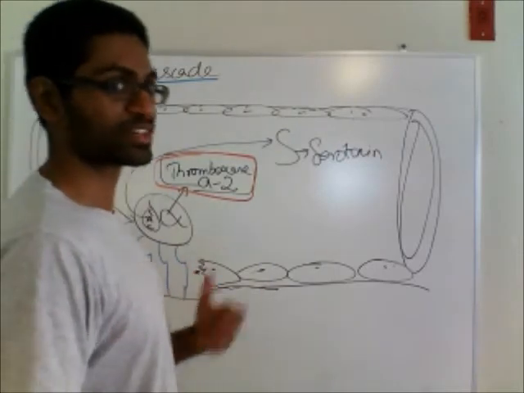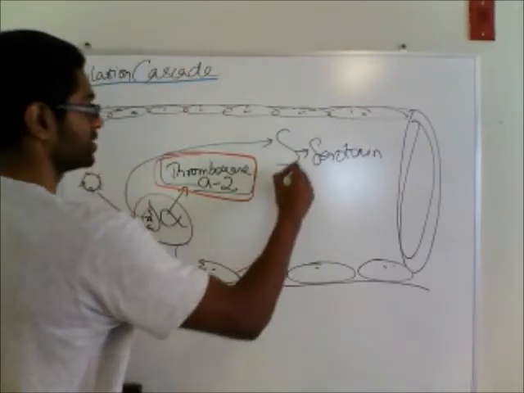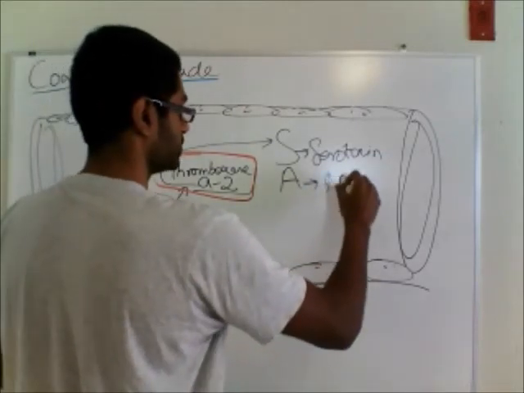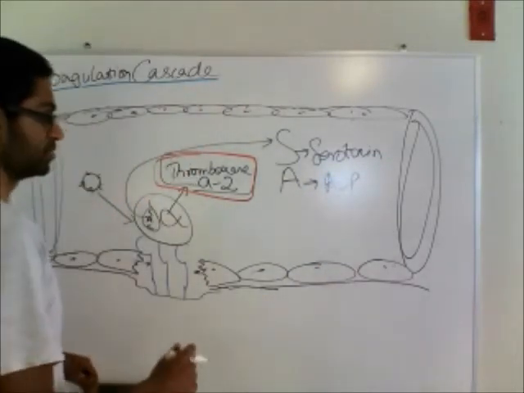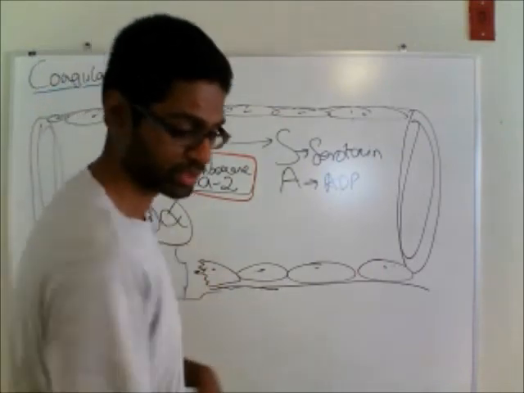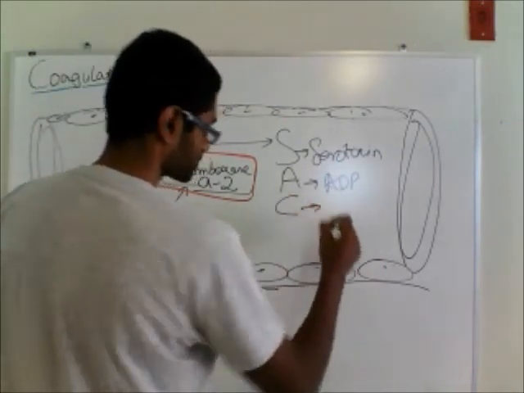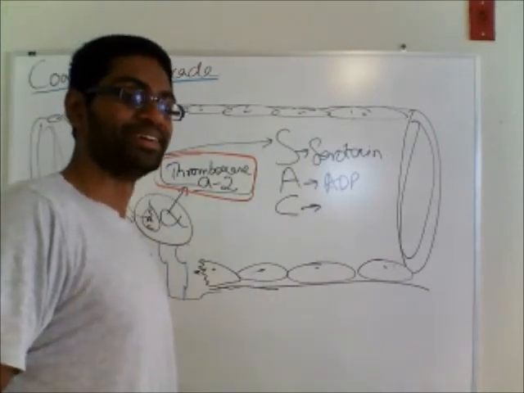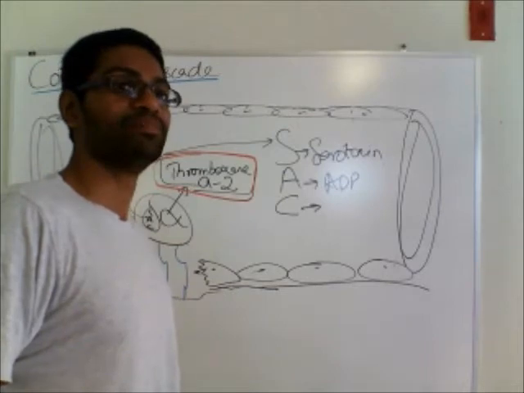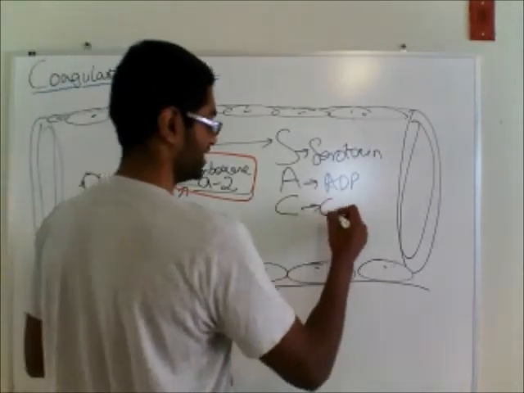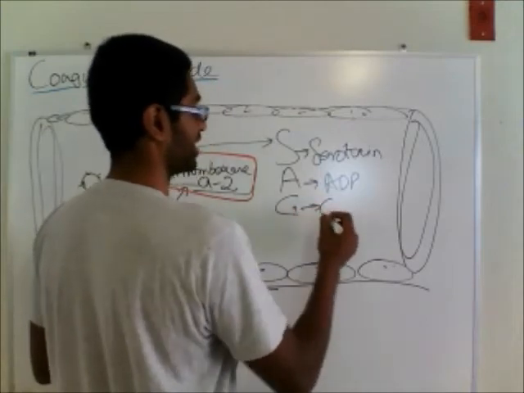Another potent vasoconstrictor. Surprise, surprise. And what is A? ADP. I'm going to go into what ADP does, but needless to say, it probably is some sort of vasoconstrictor. C, very important, it's calcium. Ca, calcium.